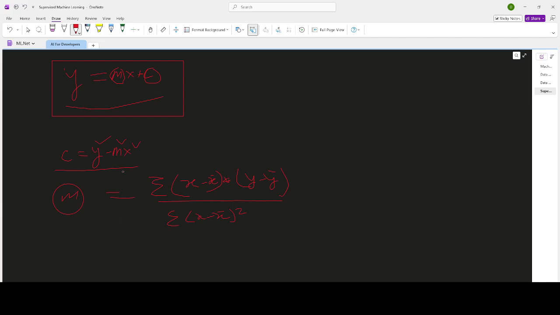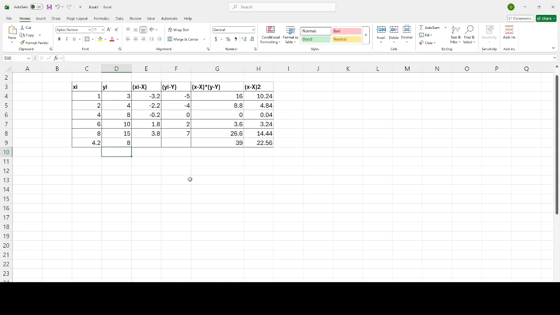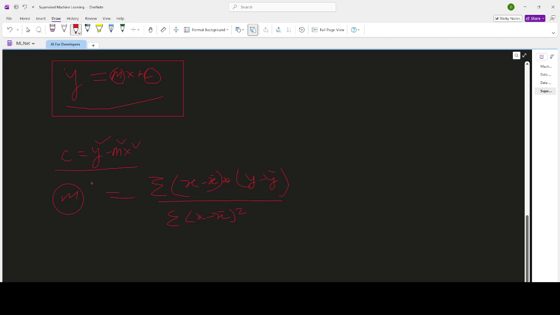Y is equal to mx plus c. First, try to understand how this calculation is done. I have prepared a basic example for you. Let's say these are two variables, xi and yi, and x minus x mean, y minus y mean. I just simplified the overall mathematics formula.